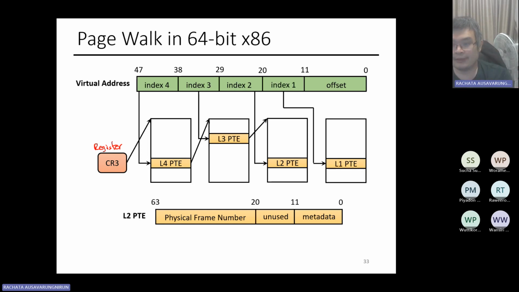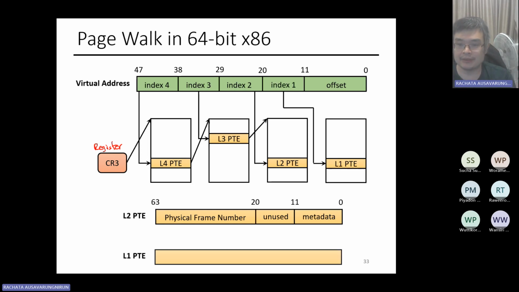Then you use the level 1 index to go into the physical page number and the permission bit. Can I actually access the page? Now that you have the physical page number, you plug the offset in, and you get the physical address.